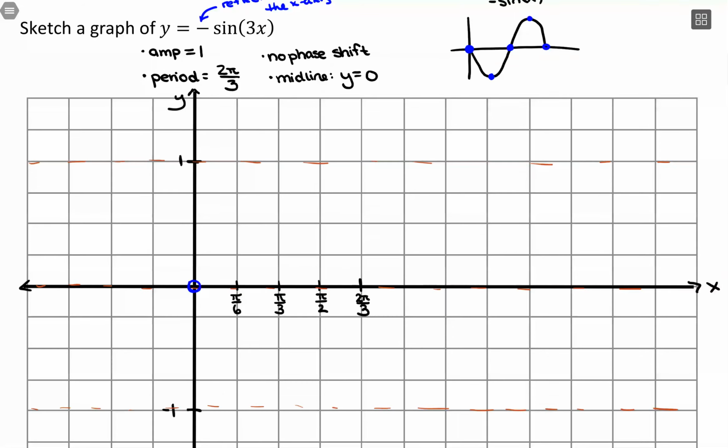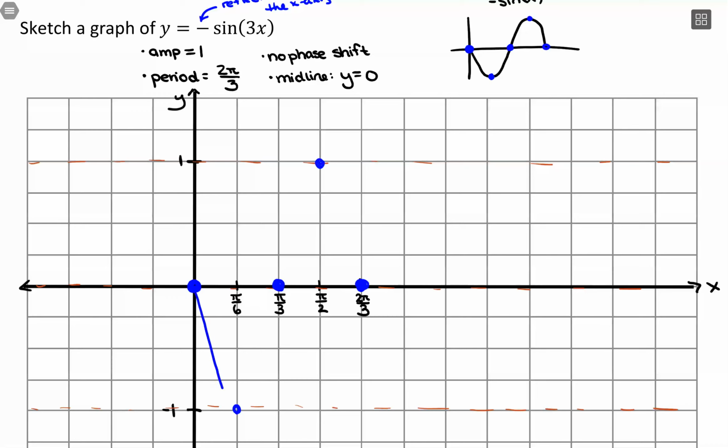So we have 0, 0, and we should be seeing that point again after one period, which is 2 pi over 3. Halfway between those two values, we should be crossing that midline again. Halfway between those values, we should be hitting the minimum, and then the maximum.